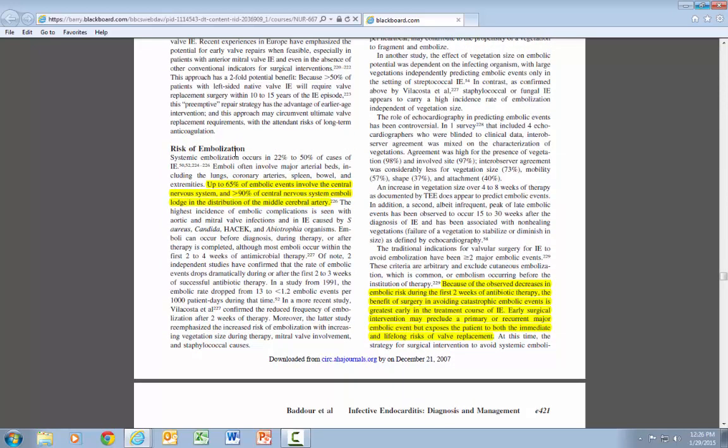Now, other complications will be embolization, and 65% to 90% of patients that have emboli have them in the central nervous system. So, no DVTs, no pulmonary emboli, even though it's part of the minor criteria. The major and most common type of thrombotic event is at the level of the CNS.